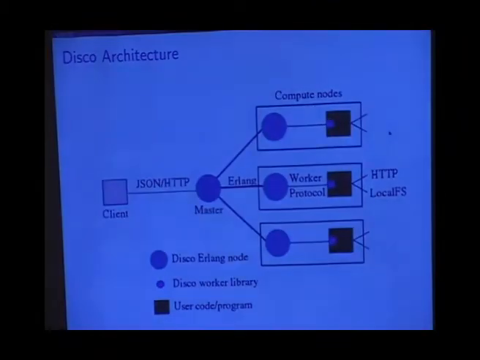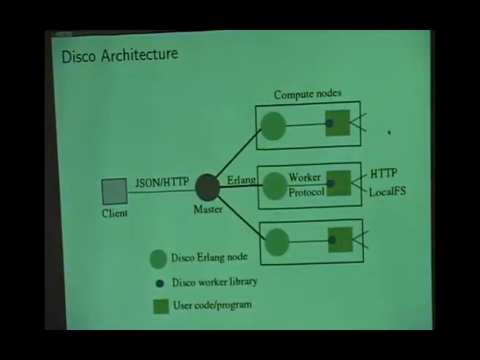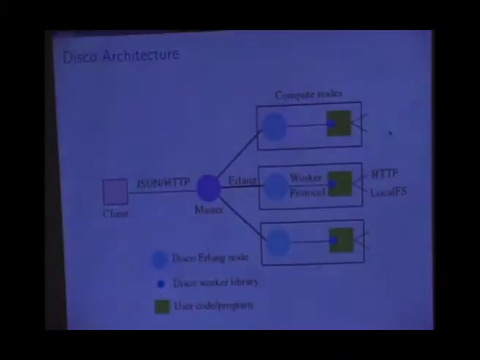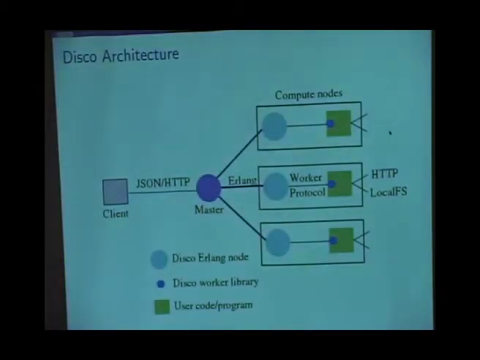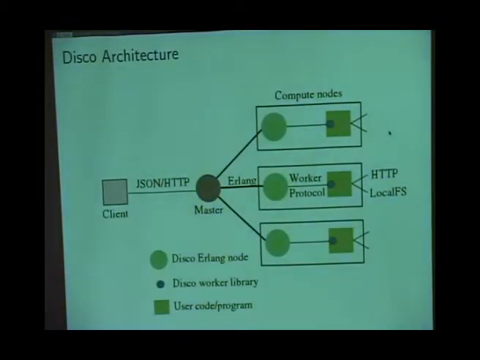You have a master node that controls the whole MapReduce game, and you have compute nodes that run Erlang nodes that are basically worker nodes on which computation is done. You have a client that interacts with the cluster via the master. There's a simple JSON HTTP protocol.